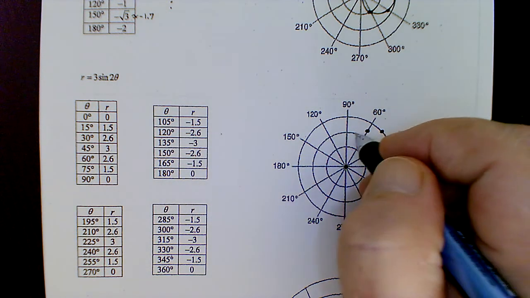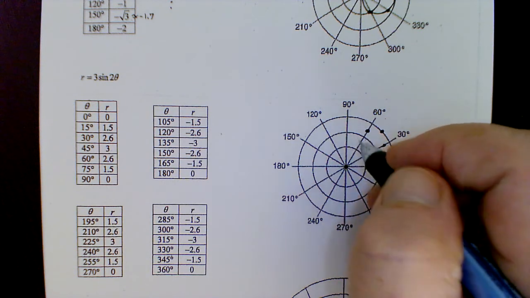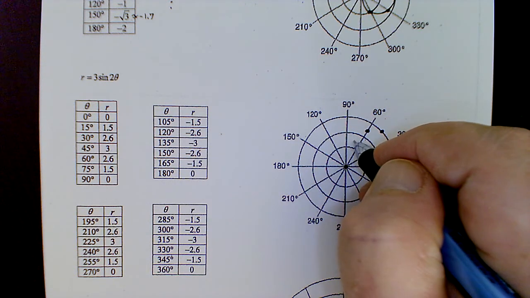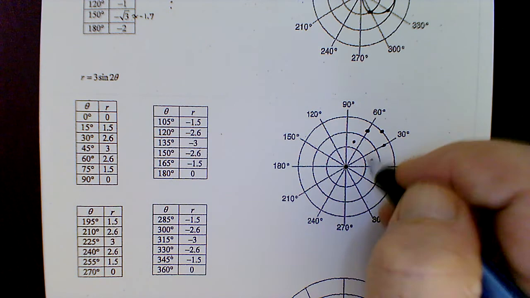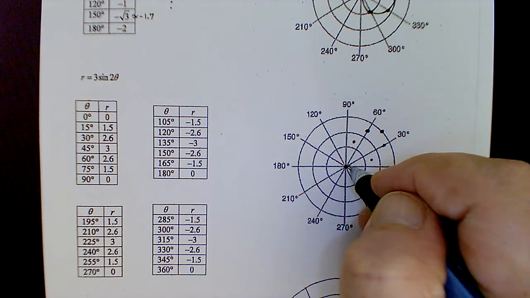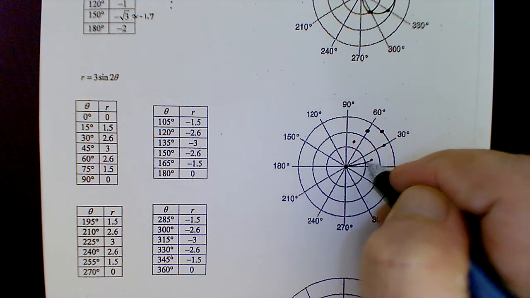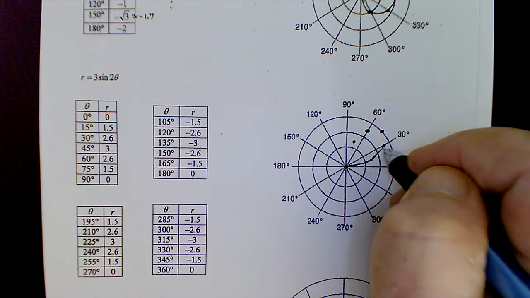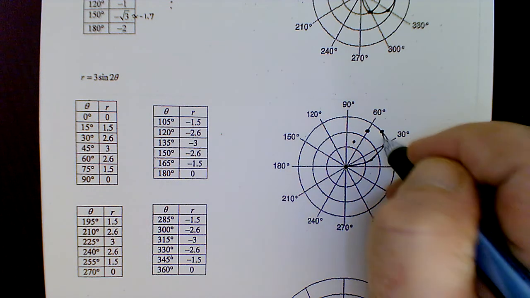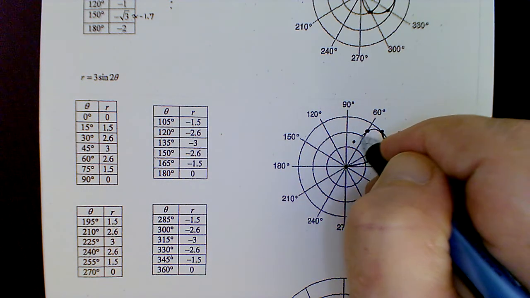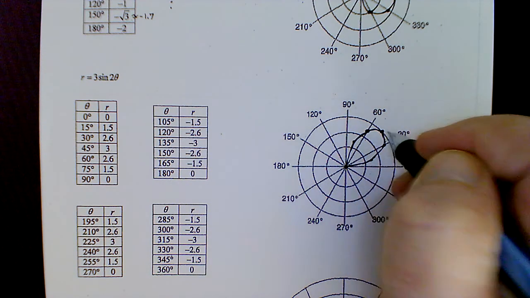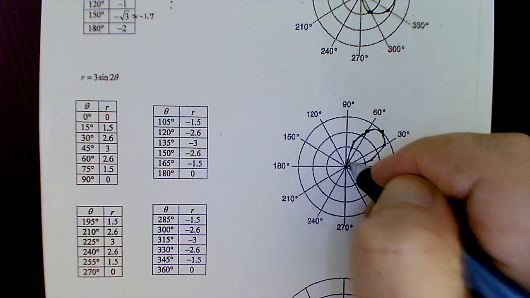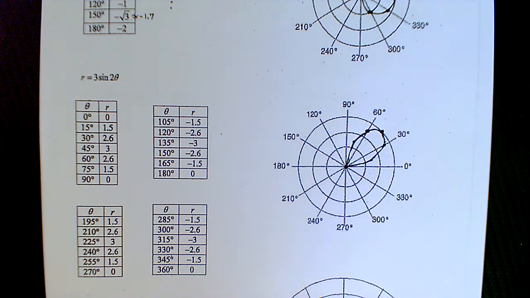At 75, halfway between 60 and 90, it's 1.5, so right around there. And then back to the pole. You can plot more if you want, but this is the general shape for that piece in the first quadrant, if you will. Okay, so that's what that looks like.